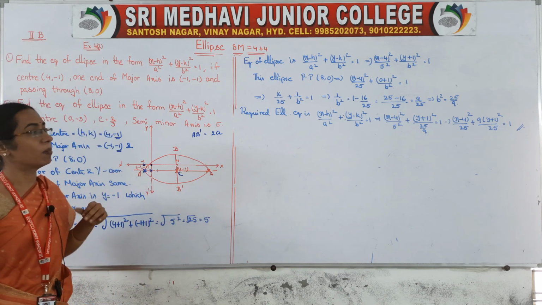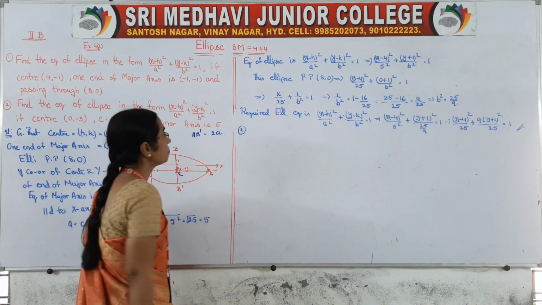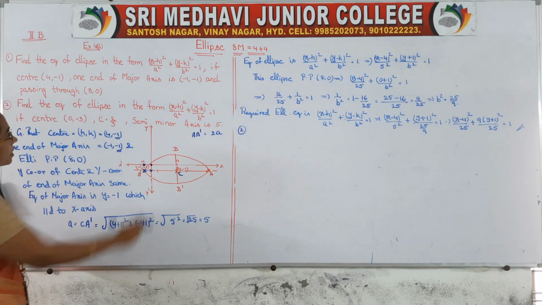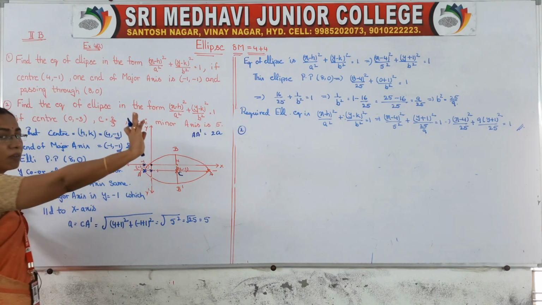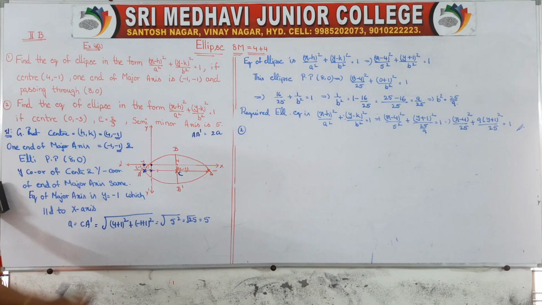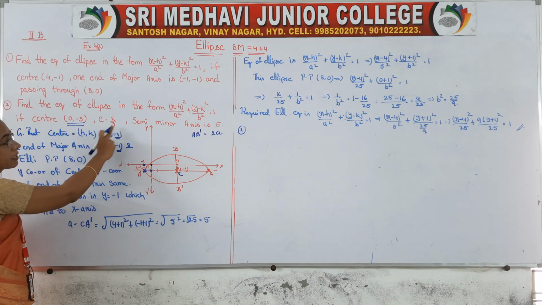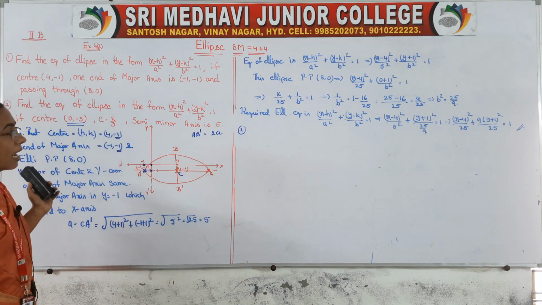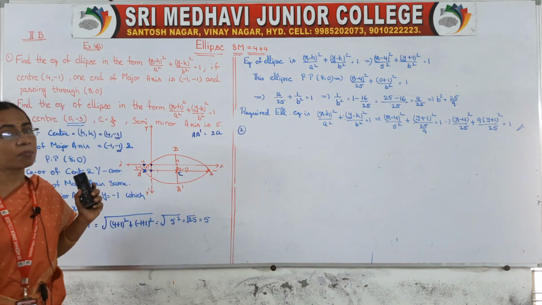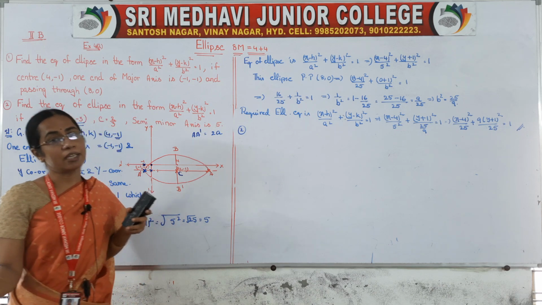Okay, previous problem done. Now come to the second question. Find the equation of the ellipse in the same form, that means where the center is not the origin. The center is given to you, this is your h comma k, and E is given, and the semi minor axis is given. Semi means half of the minor axis.